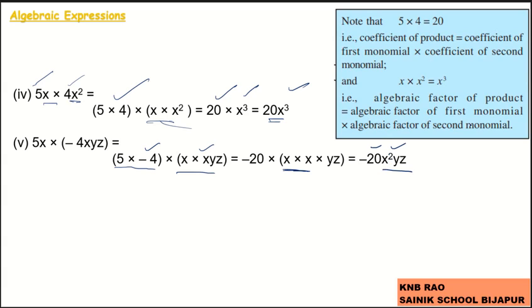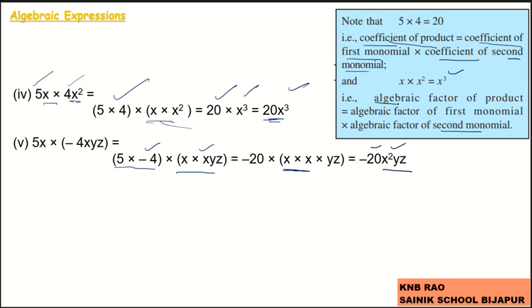Now, we are actually using the important fact: the coefficient of the product is the coefficient of the first monomial into the coefficient of the second monomial, and x into x square gives me x cube. The algebraic factor of the product is equal to the algebraic factor of the first monomial and the algebraic factor of the second monomial.